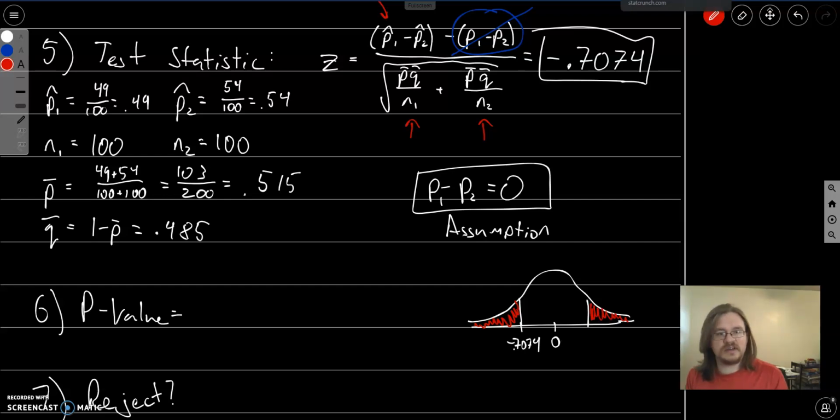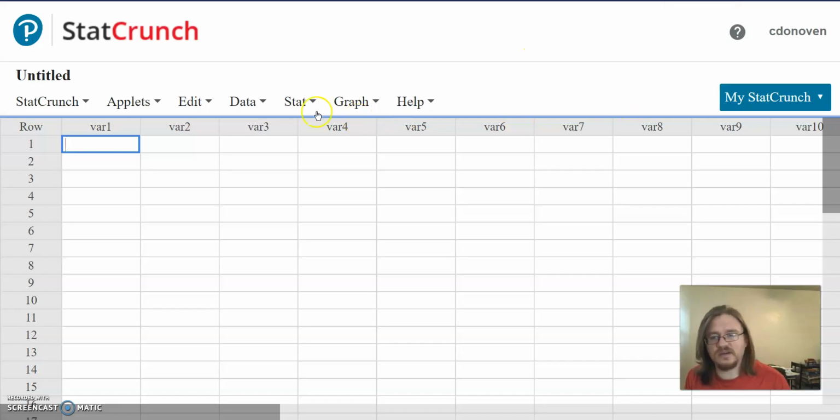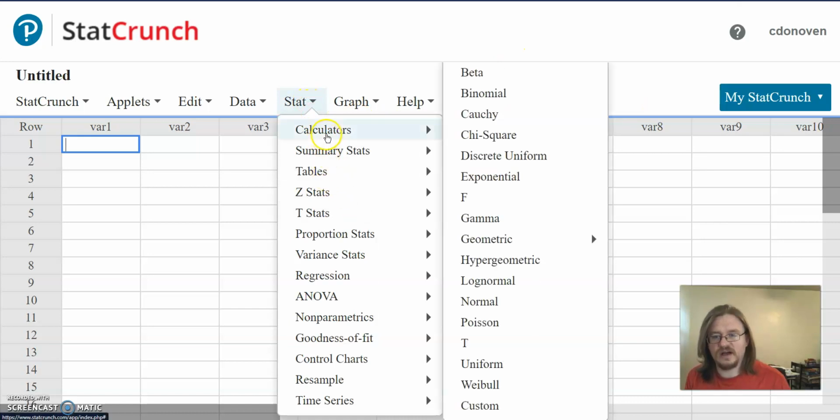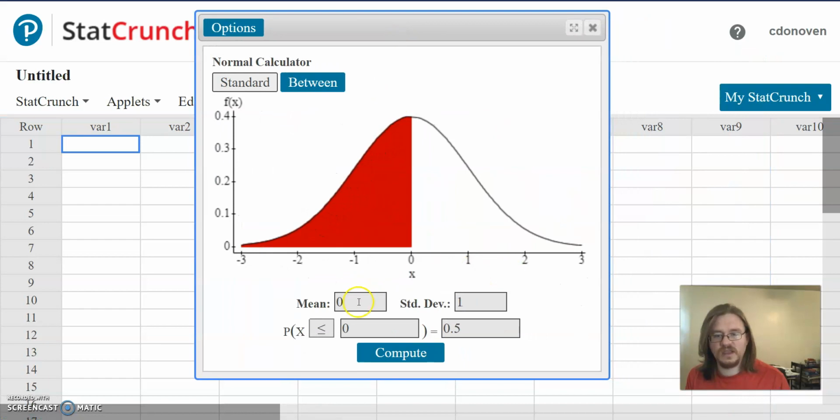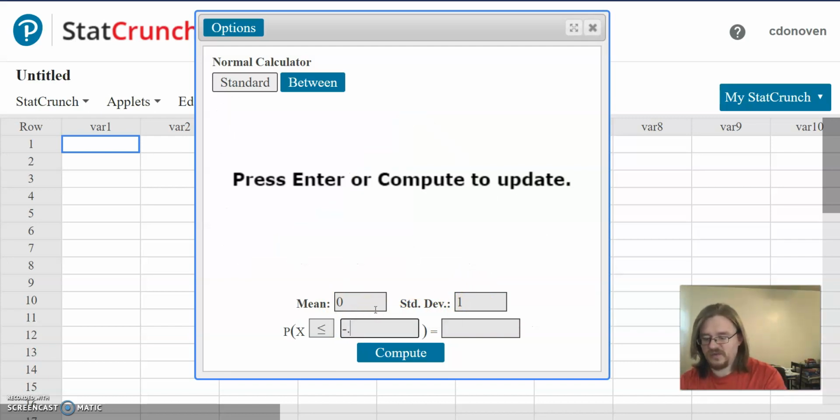So let's come over to StatCrunch, and we can go to our calculator and our normal distribution calculator. Our standard normal distribution has mean 0 and standard deviation 1, and our z-score is negative 0.7074.